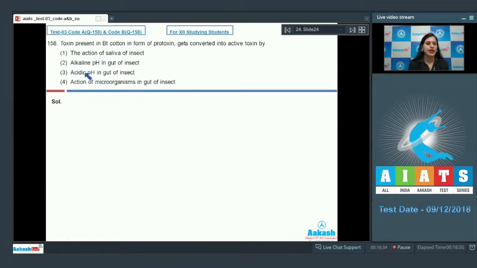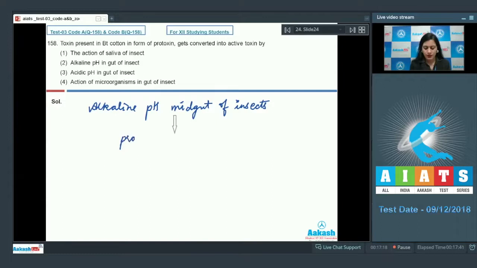Question number 158. Toxin present in Bt cotton in form of protoxin gets converted into active toxin by, and we know that it is the alkaline pH present in the midgut of insects which converts protoxin to toxin, which is Bt toxin.